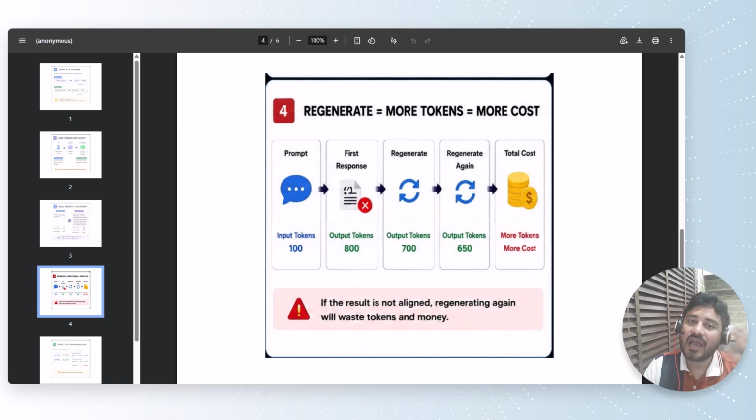And as usage-based AI billing becomes more common, maybe from June 1st onwards, GitHub Copilot is moving to usage-based pricing. This becomes very important for developers, engineering teams, companies using AI heavily. Because if you waste tokens, definitely your cost will increase.